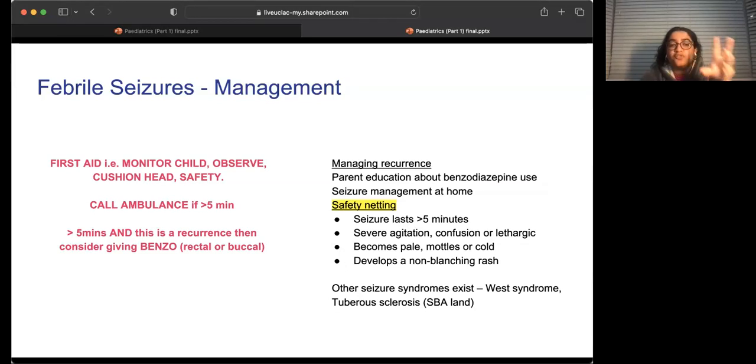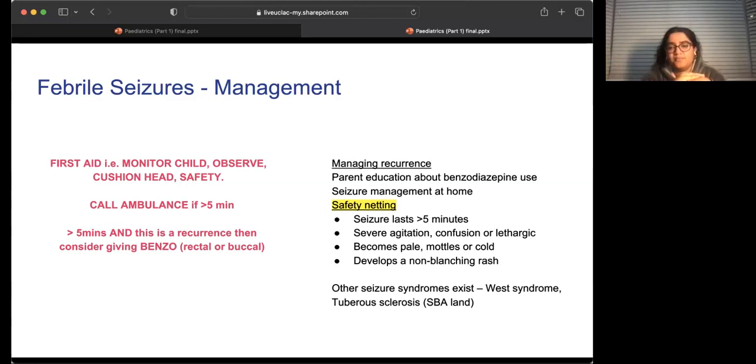And then in terms of the overall management, what would you tell the patient's parents, if they've come in with a seizure, is just to monitor the child, make sure that they're kept in as safe of a space as you can keep them. So try to put a cushion around them, or make sure that they're on the floor, and yeah, time it.